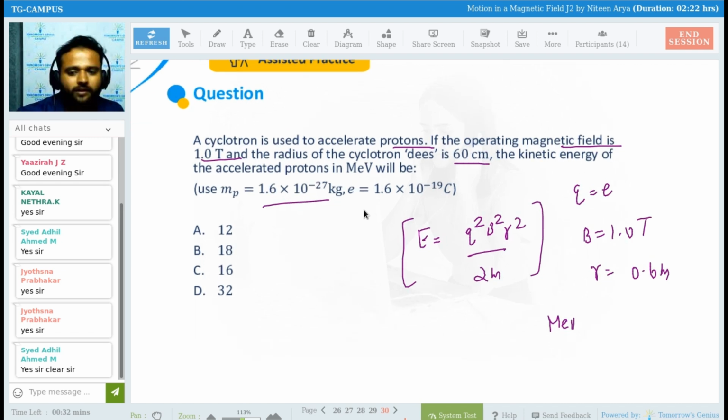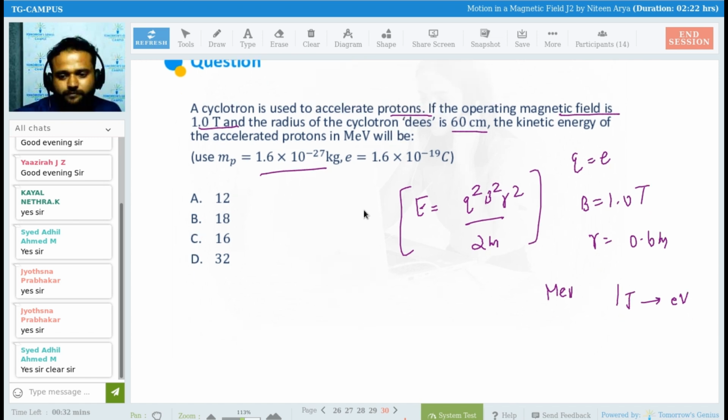Obviously, you get this thing in joule. So to get it in electron volt, 1 joule to electron volt, simply divide by the electron charge.